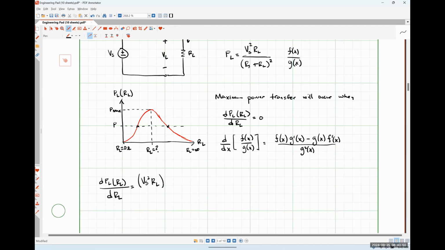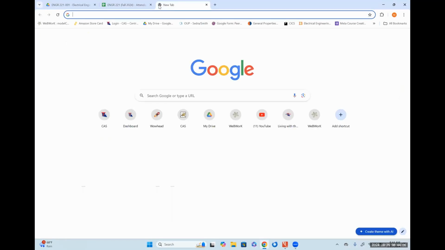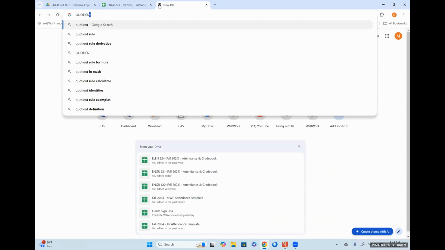Pretty sure the golden rule there, I'm pretty sure it's f prime of x first, and then. Wow. Where's the Google? That's why I said I was going to need your assistance, but it is definitely worth a Google. Quotient rule derivative.